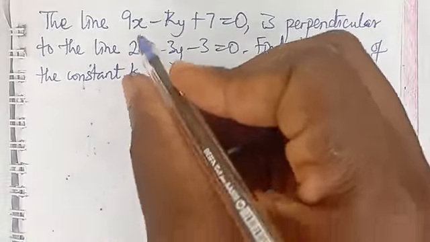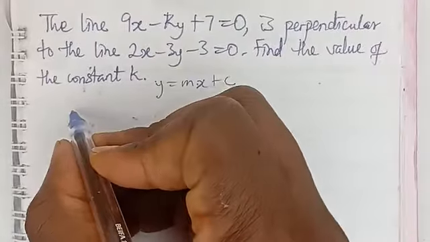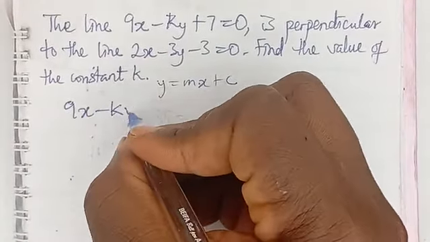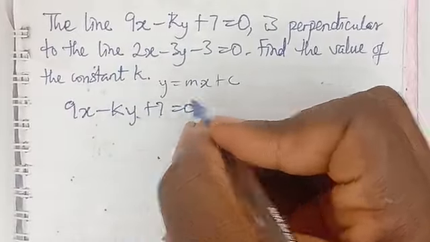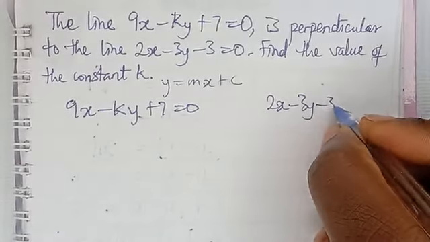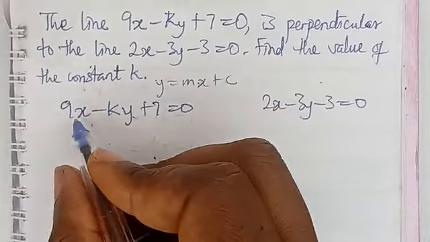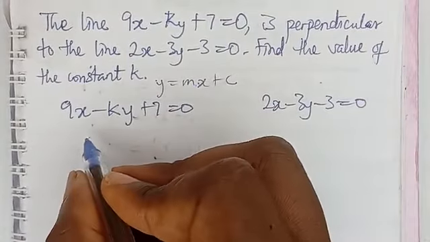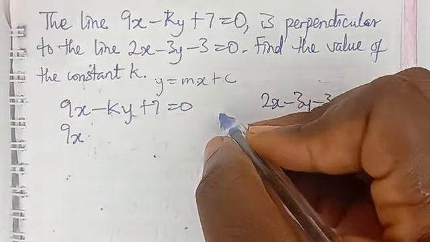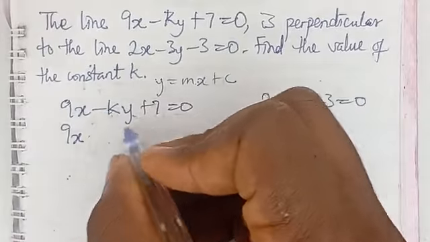We have, let's write this out, 9x minus ky plus 7 equal to 0. And on this side, we have 2x minus 3y minus 3 equal to 0. Now, let's rearrange this in this form. We are going to have 9x. So since this is negative, let's send it over to this side, right? Since the y value is negative.